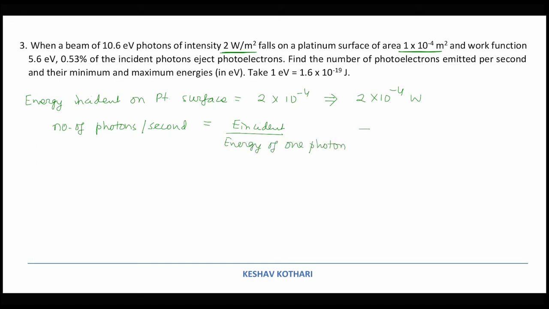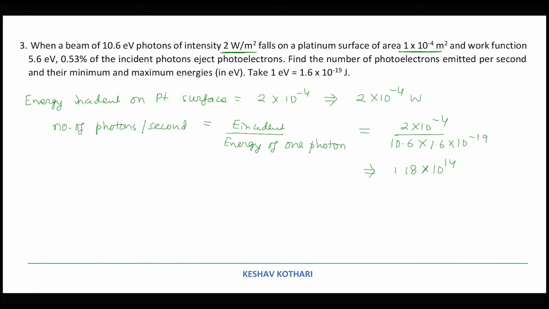So if we do this calculation, we obtain 2 into 10 to the power minus 4 upon the energy of one photon, that is 10.6 electron volt into 1.6 into 10 to the power minus 19. So from here we obtain 1.179, which we are writing as 1.18 into 10 to the power 14 photons per second. So this is the value of the incident photons per second.